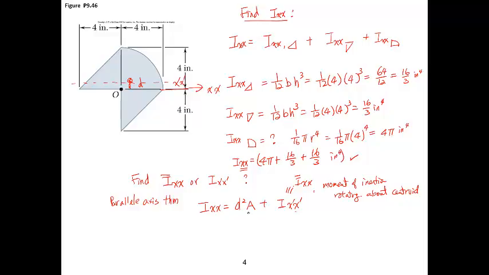But what is my distance d? The distance d is the distance between the centroid and my axis of rotation. I know this number, I just found it. So this is 32 divided by 3 plus 4 pi, and that is equal to my distance d. We found it in the prior slide. It's about 7.5. And my total area, I also found in the prior slide as well.